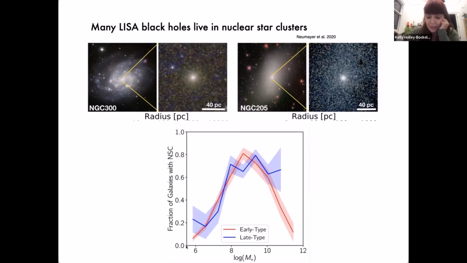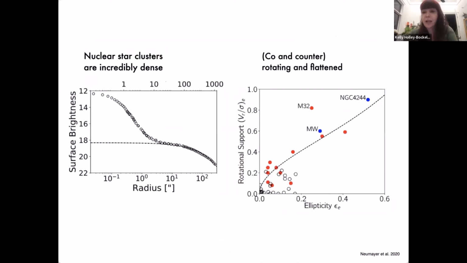The big deal is that if you look at the stellar mass of a galaxy and the fraction of those galaxies with nuclear star clusters, they're pretty huge. Roughly 80% of the galaxies that are in the stellar mass range to host LISA black holes host nuclear star clusters. And those have very different properties.